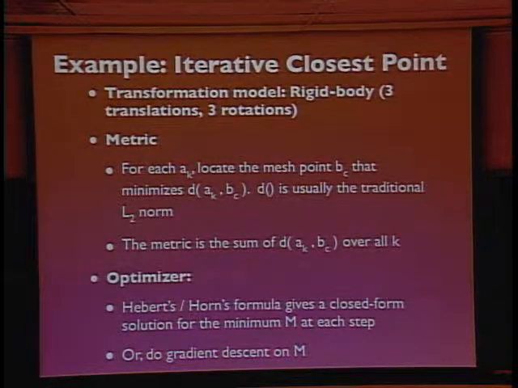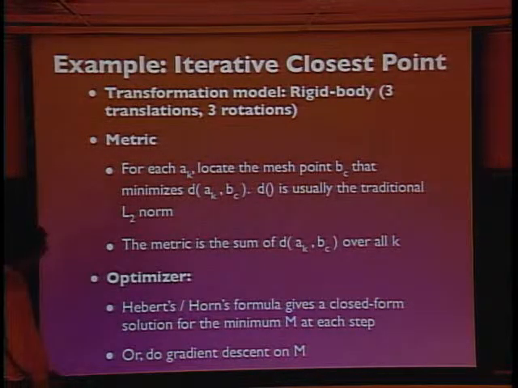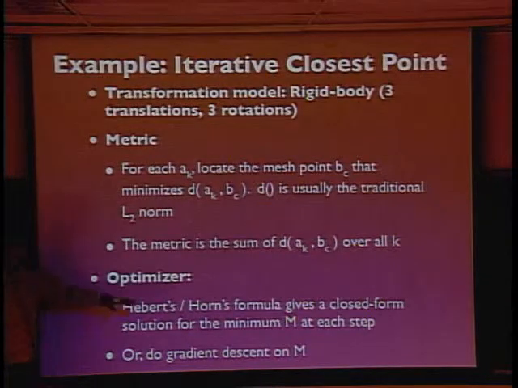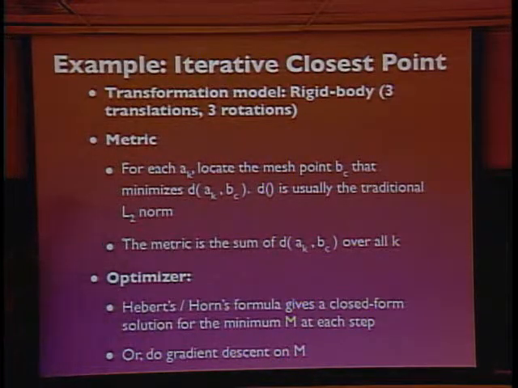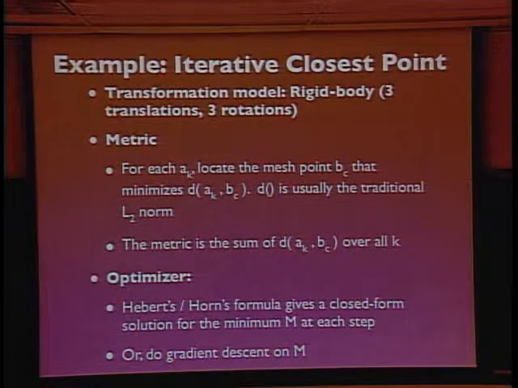Because a lot of times, if the initial transformation is really off, then very few or none of the points on the moving mesh are actually supposed to correspond to their closest point on the fixed mesh. But yet, ICP is going to try to align those together. The upside, in terms of computation time, is that there's a formula that was independently come up with by Berthold Horn and Martial Hebert that gives you a closed form solution that is fairly fast to compute.